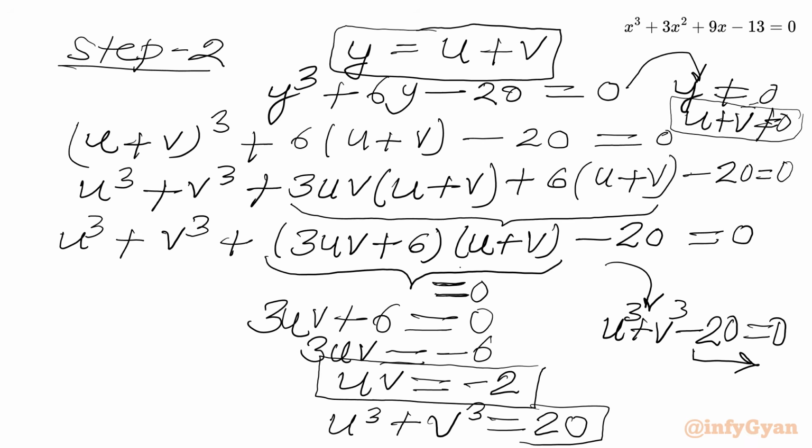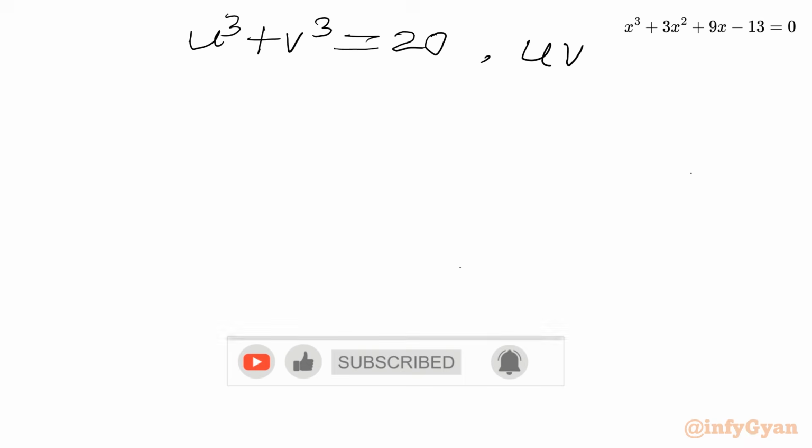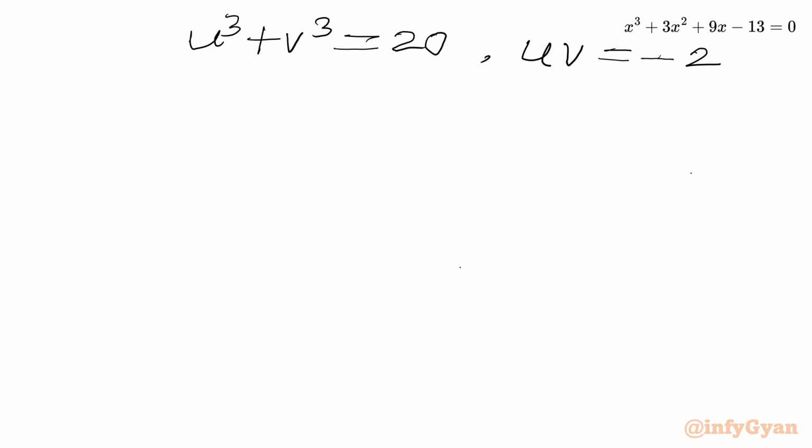So we have one system of equations in u and v. Let me write here u cube plus v cube equal to 20, with the equation uv equal to minus 2.